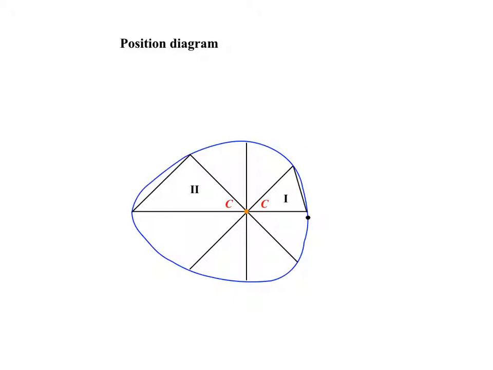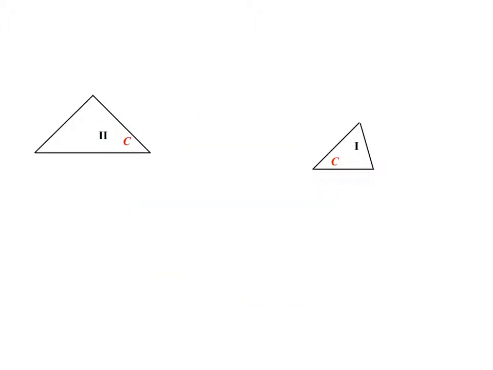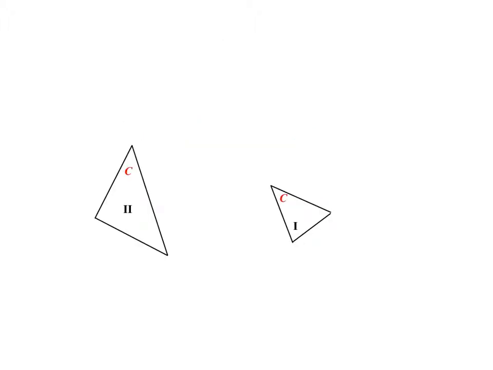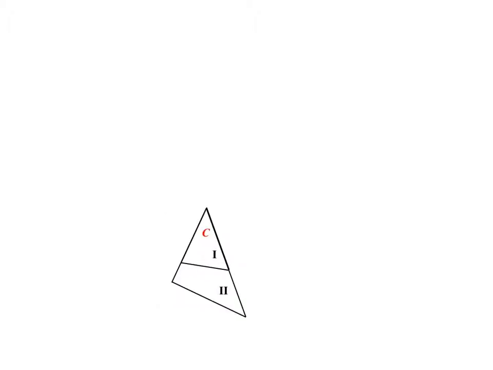We will call them triangles 1 and 2. Let's pull them out of the orbit diagram for a moment and superimpose them, with their central angles lined up.